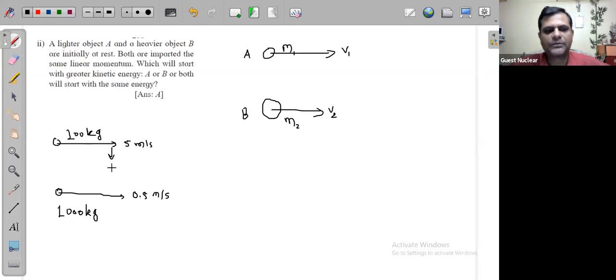Here the momentum of the first body is 100 multiplied by 5, which is 500, and in the second case 1000 multiplied by 0.5, which is 500 once again.